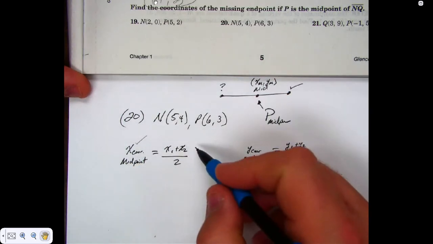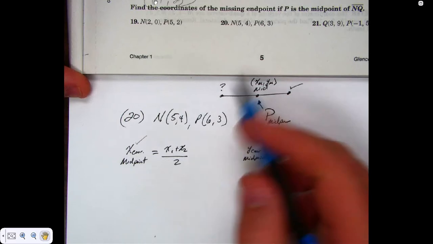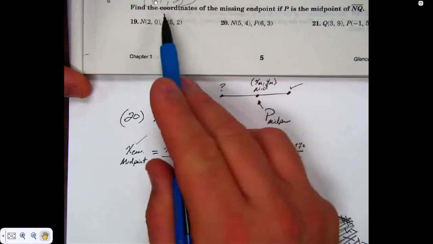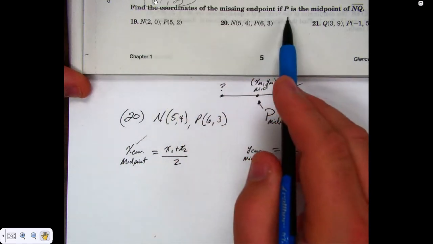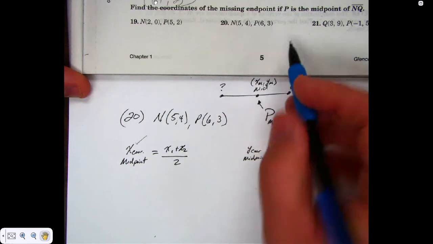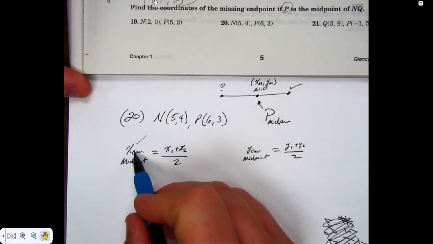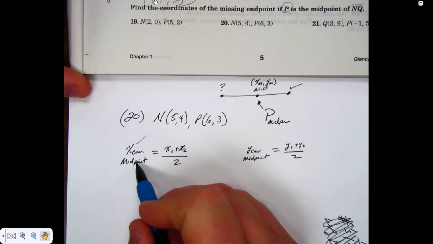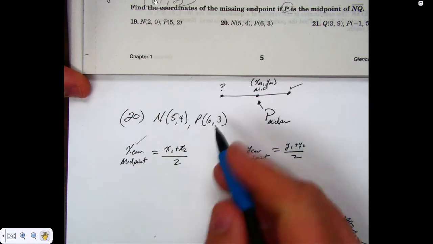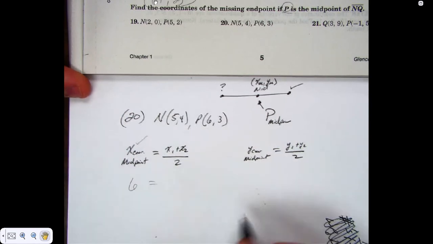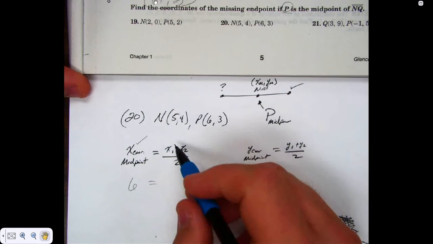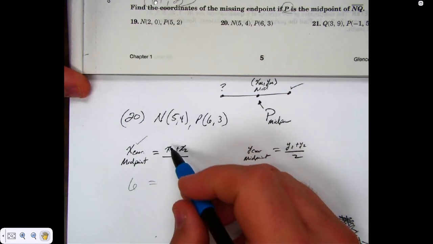What's the x-coordinate of our midpoint? What do they say is the midpoint? P, right? In the directions, find the coordinates of the missing endpoint if P is the midpoint. So P is the midpoint. Have they given me the x-coordinate of our midpoint? What is it? Have they given me an x-coordinate for one of my endpoints?